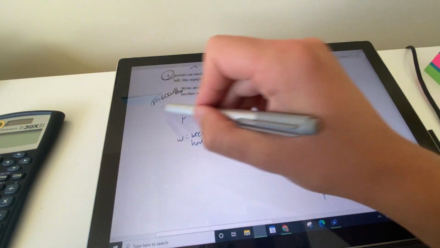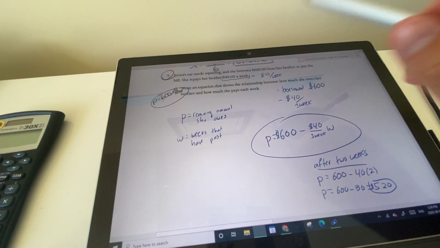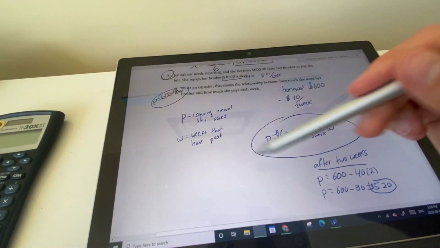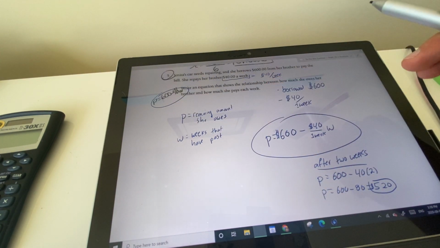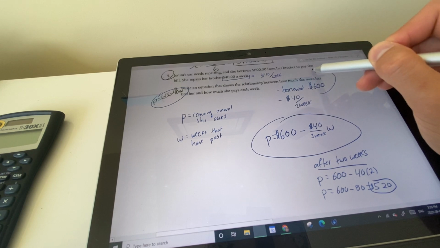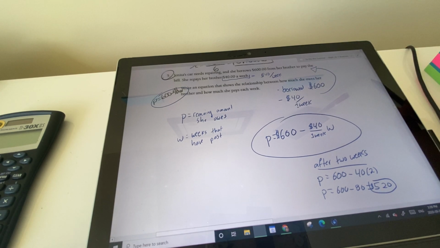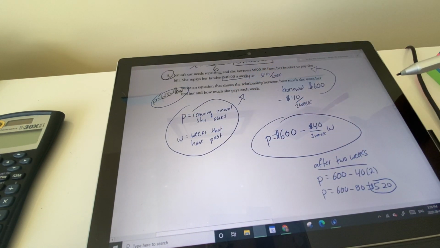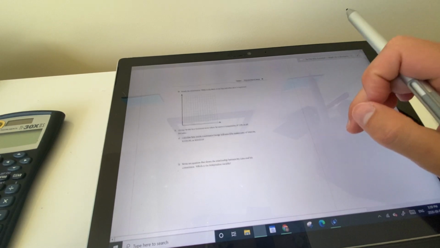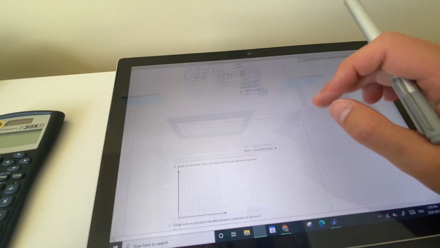Now that we've shown P means that and W means that, this is essentially this sentence, much more simplified. Simplify these questions for yourself.